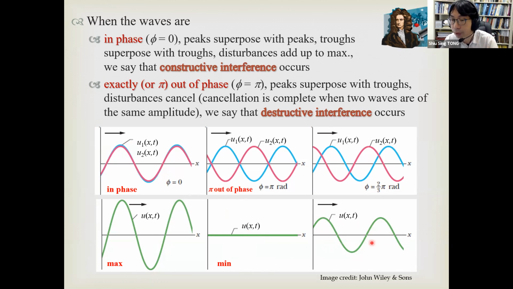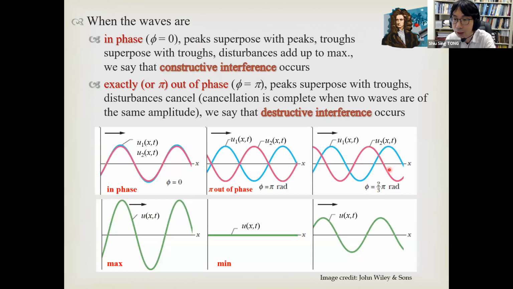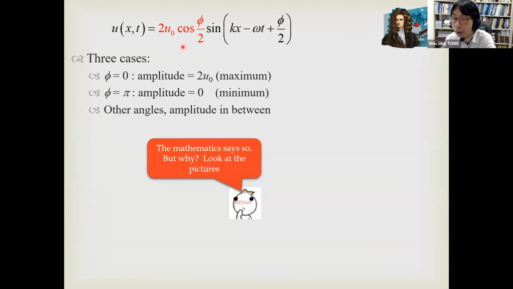So this is a general superposition. And in fact, the amplitude is given by this factor. You just substitute phi equal to 2/3 pi for this situation, and you can calculate this amplitude.